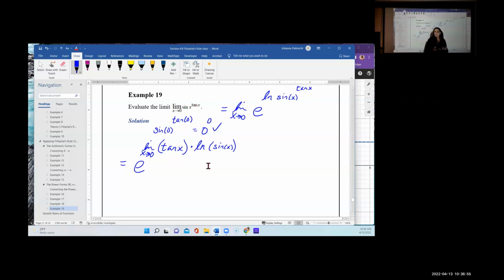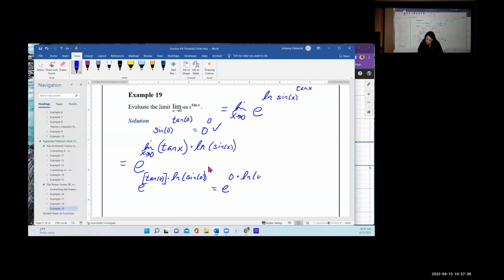Now that I've applied the technique to convert it from 0 to the 0 power form, I need to check what form I have. So I'm going to substitute in again. So I have e as the base. The limit itself, though, is tangent of 0 quantity times natural log of the sine of 0. Now, tangent of 0 is 0.